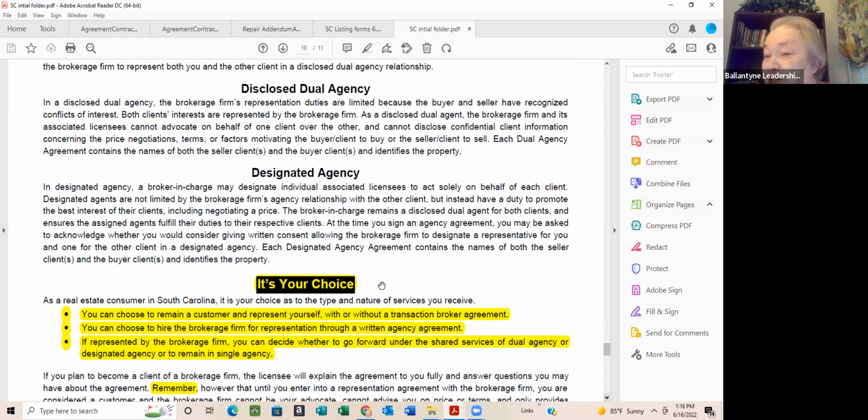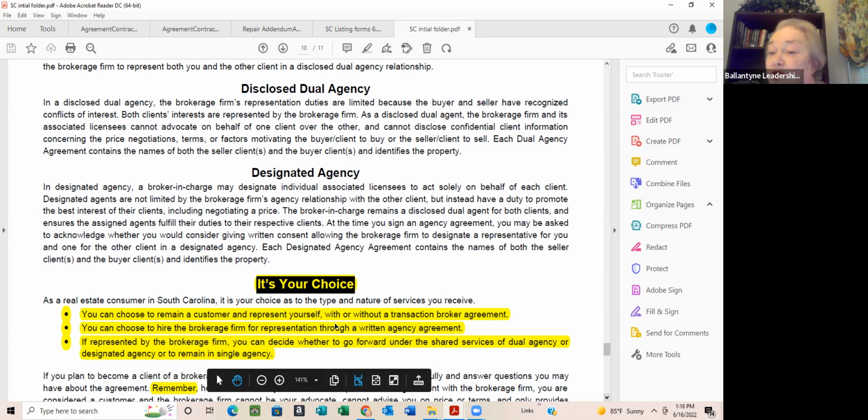But I will come back to you on that if we get into that situation. Thus the word disclosed dual agency. And designated agency basically means I would only represent you and my firm would have someone else to represent them as a buyer agent. So again, if we get in that opportunity, I'll come back to you and we'll talk about it at that time.